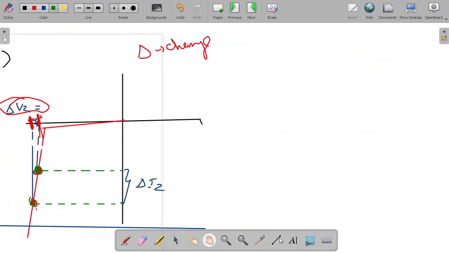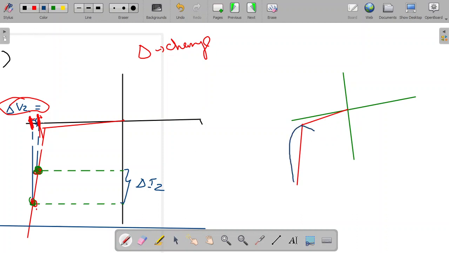So I will draw once again. If you see a graph like this, then you will be having something like this, isn't it? This is the rapid current flow described here. Here it would be having some slope.